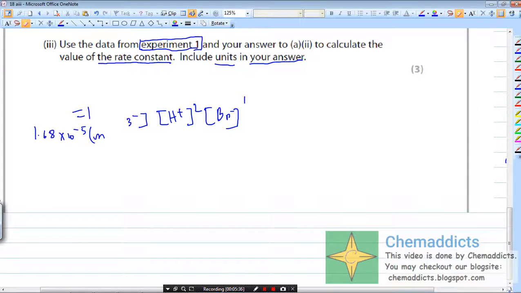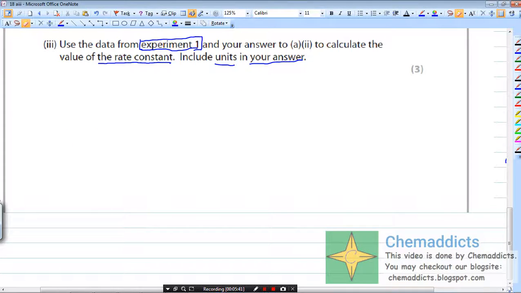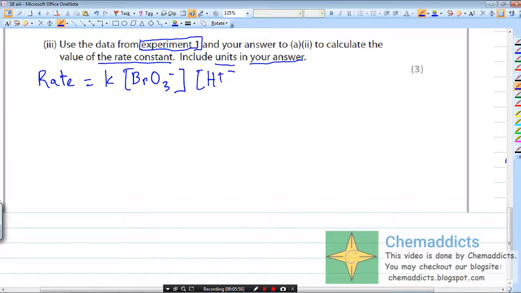Let me write the rate equation once again: rate is equal to k BrO3 minus, H plus square, Br minus.